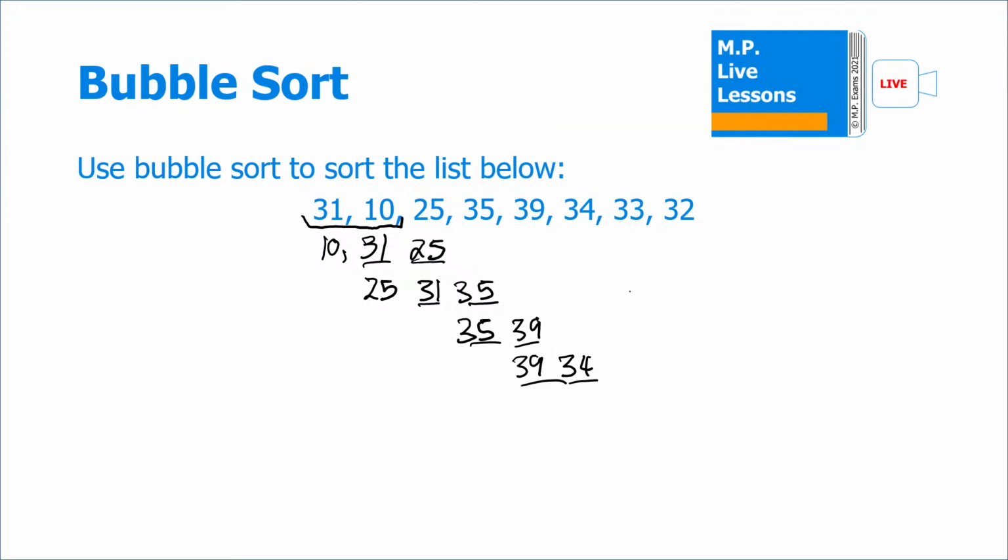They're the wrong way around, so we need to swap them. As 39 continues on, it brings us 33 here. And compare, swap them round. And finally, compare with 32, and swap round again.